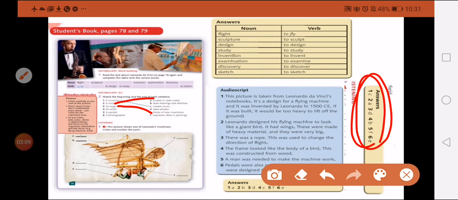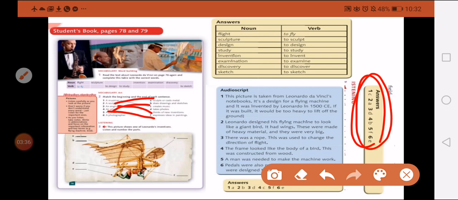Okay an artist with P. Now an artist it means does drawing and sketches. Okay number 5 painter. Now painter with F. Now expresses ideas in paintings.